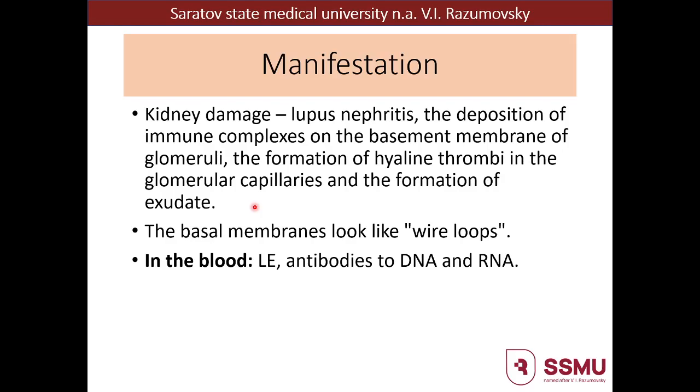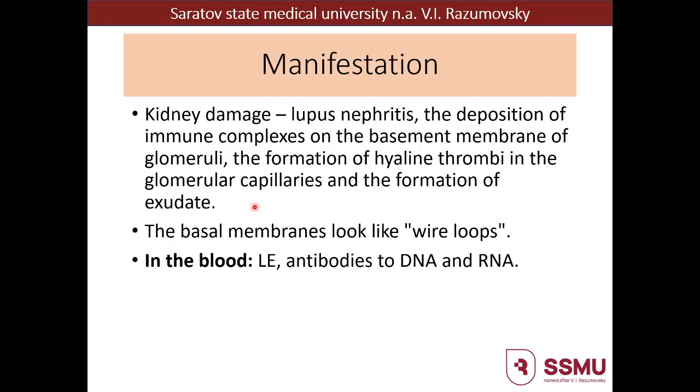Manifestation of lupus is associated with kidney damage and formation of special lupus nephritis. Lupus nephritis is associated with immunocomplex reaction and accumulation of complexes in the glomeruli and its basal membrane and formation of hyaline thrombi in the glomerular capsule and formation of the exudate.